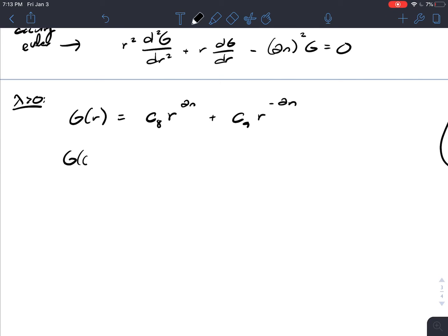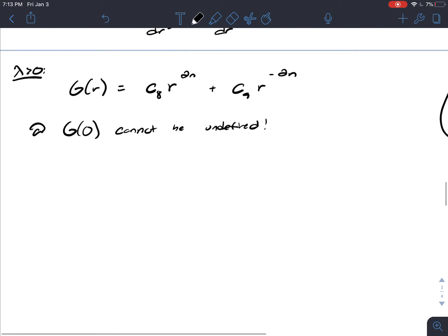Okay? So at 0, right, our function for g cannot be, at 0, g of 0 cannot be undefined, because otherwise that wouldn't make any logical sense. How is heat flow undefined at the center, right?